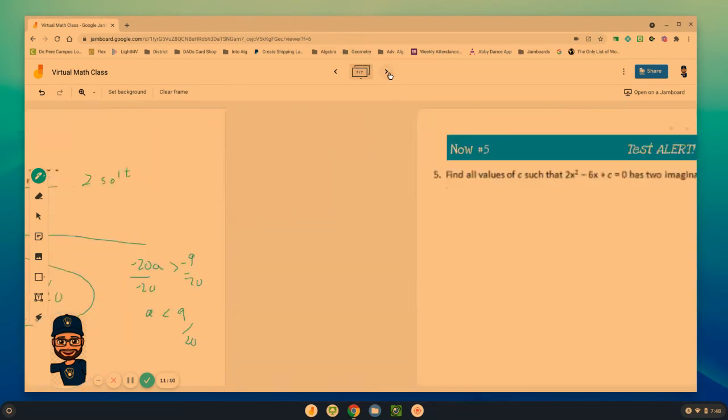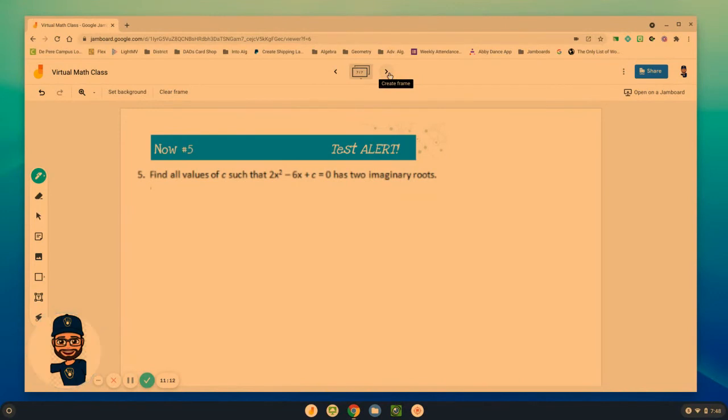Last one. Find all values of c such that 2x squared minus 6x plus c equals 0 has two imaginary roots, imaginary solutions. So now we are looking for b squared minus 4ac to be what compared to 0?